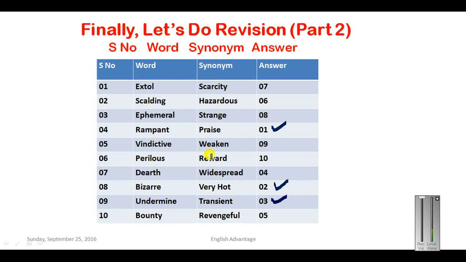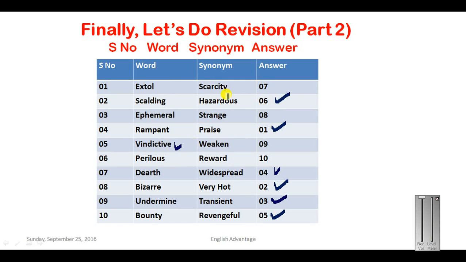If something is rampant, it is widespread, present everywhere. Vindictive means revengeful. Perilous means risky or hazardous.